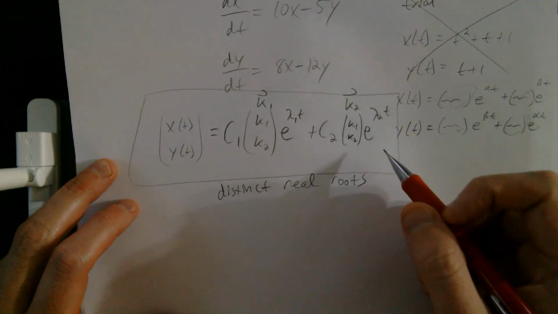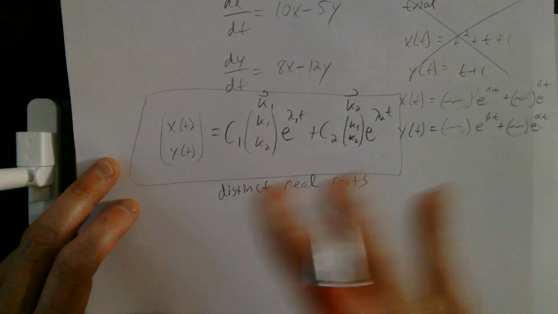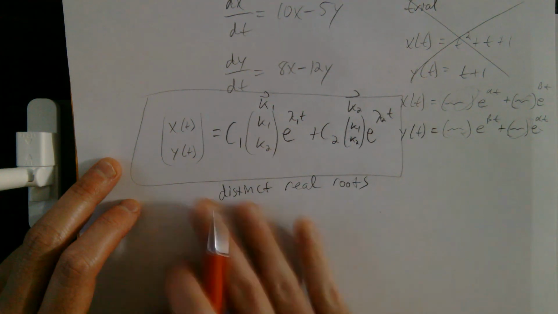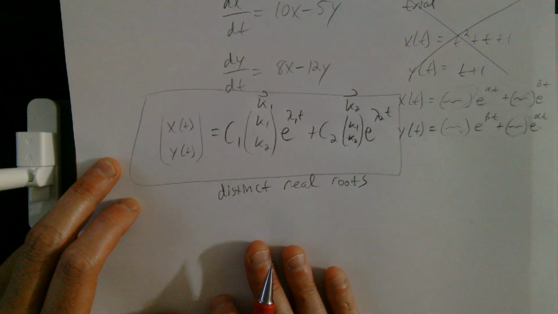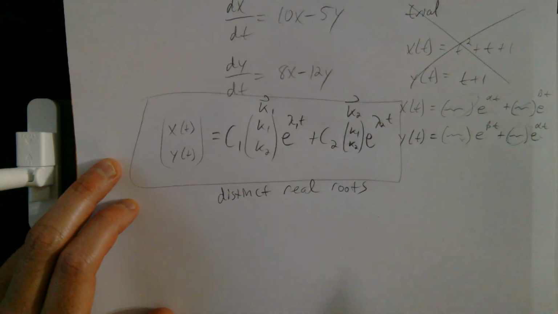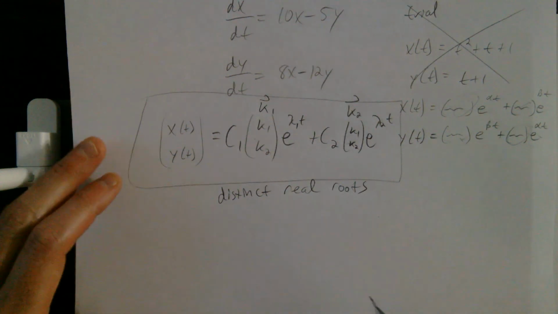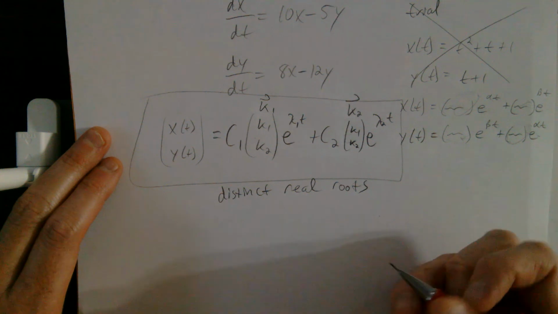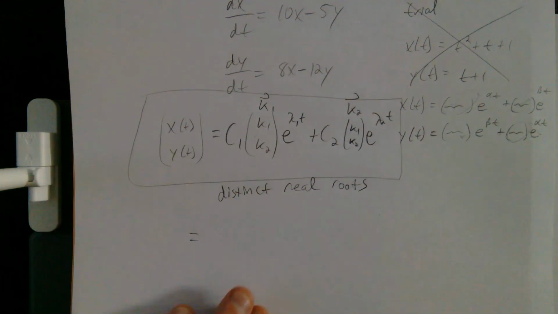So for this video, I'm just going to keep it short. I'm going to show you how quick and easy this method can be, and we have our solution. And if it doesn't take too long, I'd like to prove that that solution works, by plugging them back in, taking the first derivative of each and showing that these work. So let's just come up with the solution first of all.